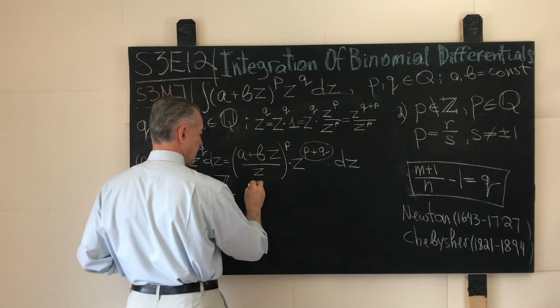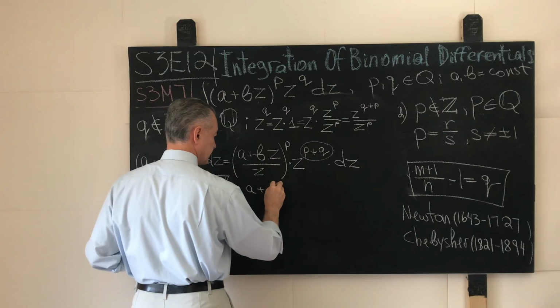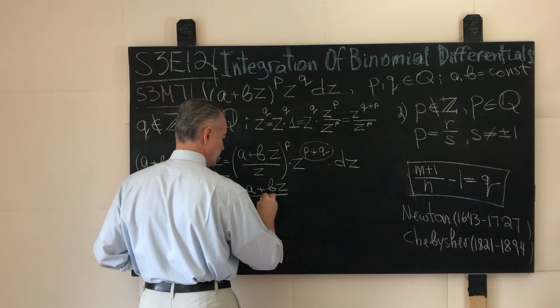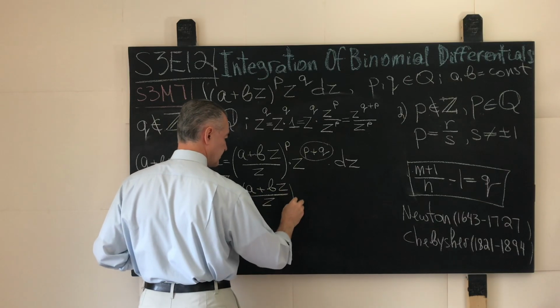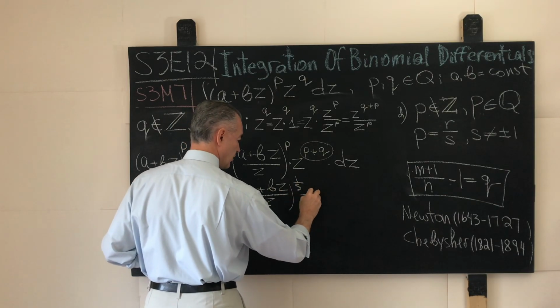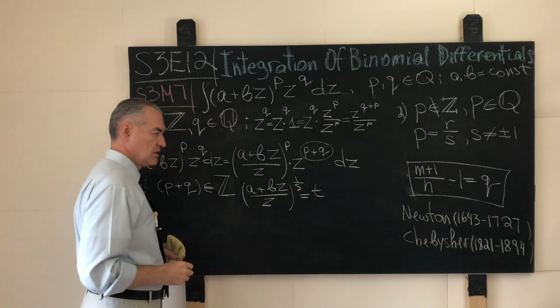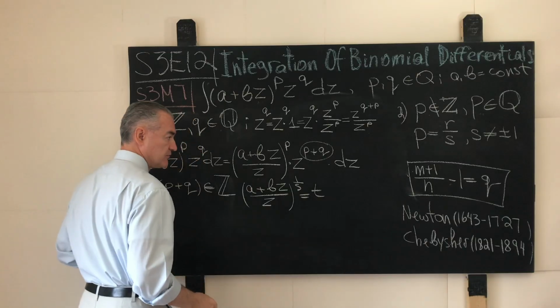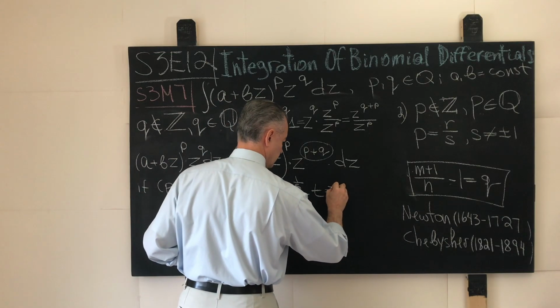We will say that a plus b times z divided by z, raised to the power of 1 over s, will be t. You see, this is the substitution. It will take care of business. From here it follows what?